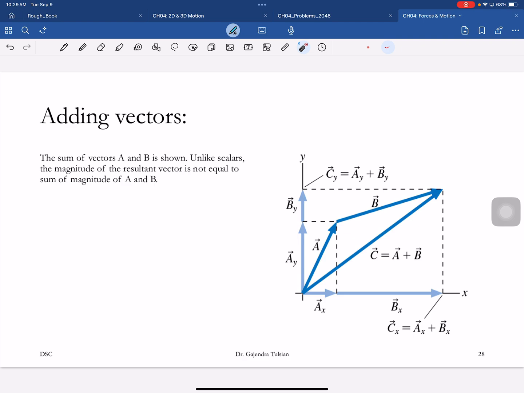If you have a vector A like this, and a vector B like that, the way to add two vectors is you move the second vector there, and then the sum is that. So you move the tail of the second vector to the head of the first vector, and the sum is from the tail of the first vector to the head of the second vector. That's how you add vectors.